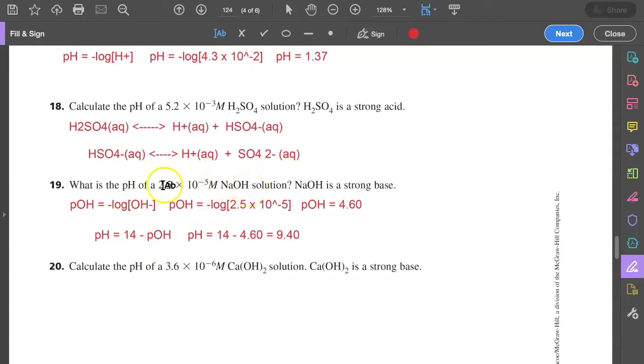So this is going to be the concentration of hydroxide ions. So the pOH is equal to the negative log of 2.5 times 10 to the negative fifth. That gives us a pOH of 4.6. To find the pH, we simply subtract that from 14. So 14 minus 4.6 gives us a pH of 9.4.